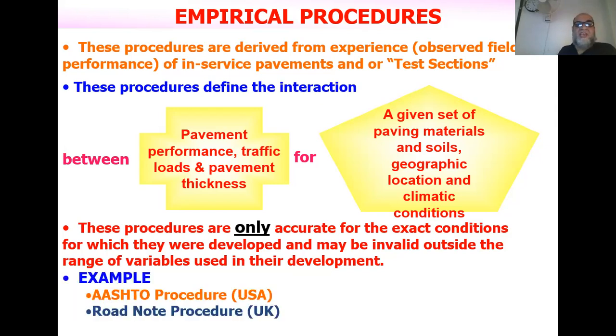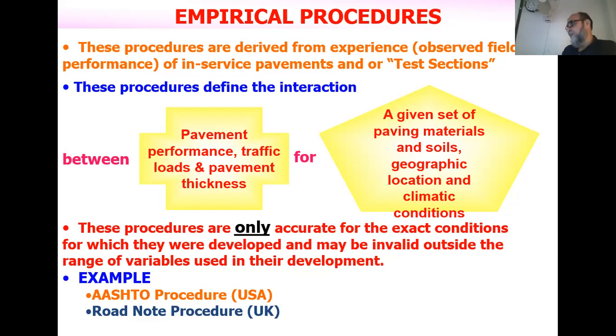AASHO procedure, Road Note procedure. And again, you see the limit of Road Note is 30 million. The limit of AASHO flexible is 50 million. So if you are trying to use the Road Note method and your traffic comes out to be, say, 40 million, don't use the Road Note method, instead use the AASHO procedure.